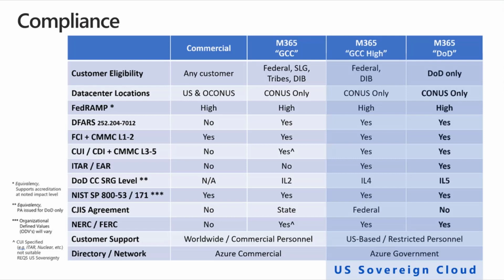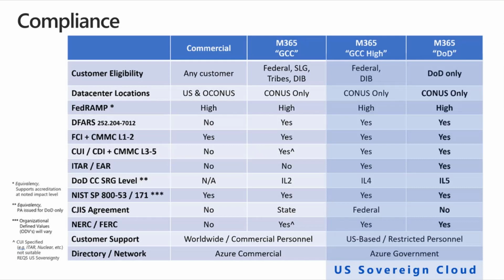On the commercial side, it talks about how it could be FedRAMPed at high. It talks about our US or OCONUS data center location. If you notice, across all three of our government clouds, GCC, GCC High and DoD, all three have our location in CONUS, meaning in the United States.